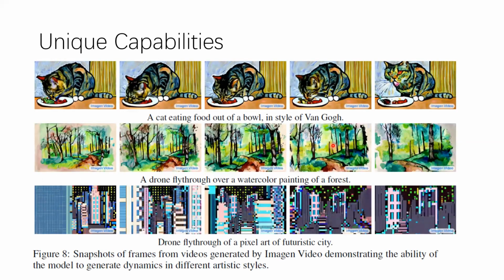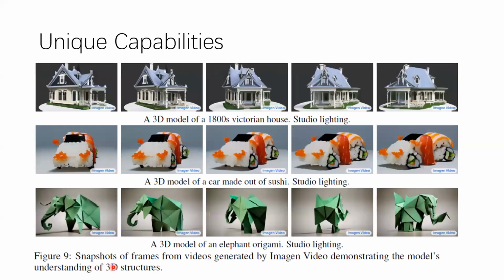Their image and video models demonstrate some unique capabilities, like what we have already talked about. They demonstrate the ability of the model to generate dynamics in different artistic styles. The second one is that you can see a 3D model rotating, and the shape of these objects basically makes sense, so it demonstrates the model's understanding of 3D structures.